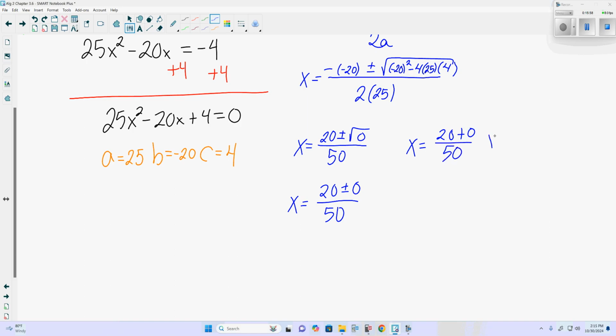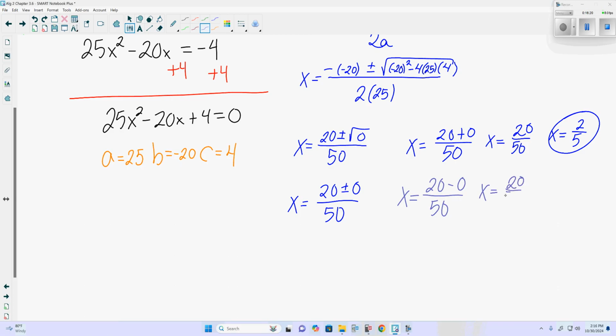Well, what is 20 plus 0? 20 over 50. 20 over 50 reduces to what? 2/5. All right. Technically, we also have 20 minus 0. Well, 20 minus 0 is 20 over 50, so x is what? 2/5.